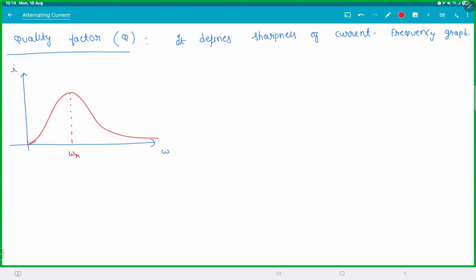This is your omega resonance. This is your I naught. So at a particular point, I naught by √2, which is your RMS, this will occur at two different frequencies. This is omega 1 and omega 2. This difference is called bandwidth. Omega 1 and omega 2 are the frequencies when current becomes equal to IRMS.